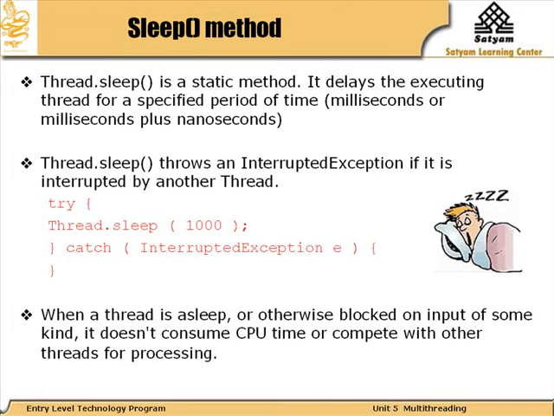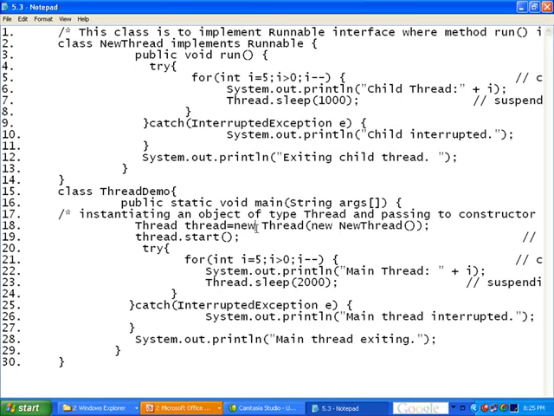Let's look at an example. In this example, I have a class NewThread which implements the Runnable interface, as you see at line 2. And then I have the method public void run, from where the thread execution begins.